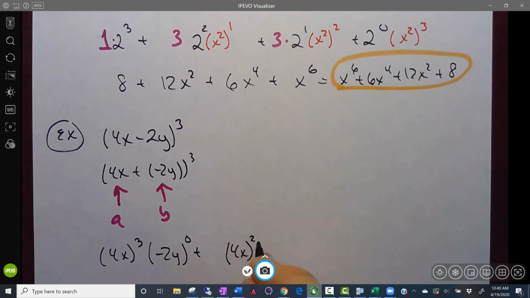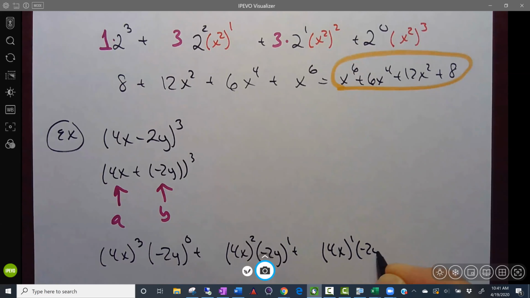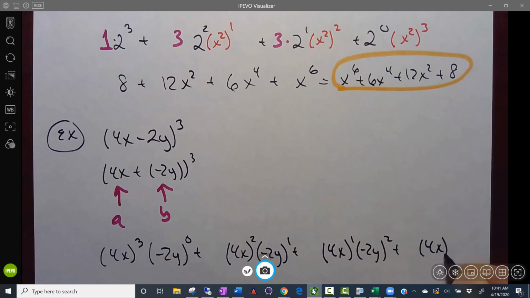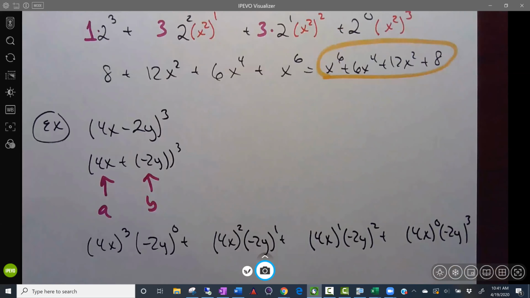So it's going to be 4x squared times negative 2y to the first power, and then 4x to the first power and negative 2y squared. Finally, 4x to the 0 power and negative 2y cubed.